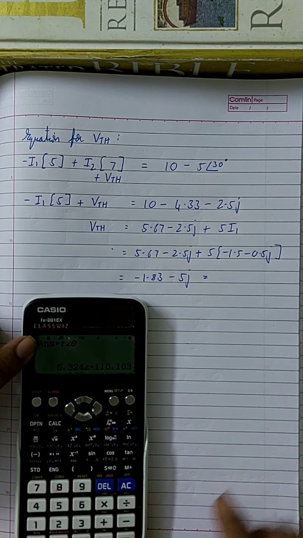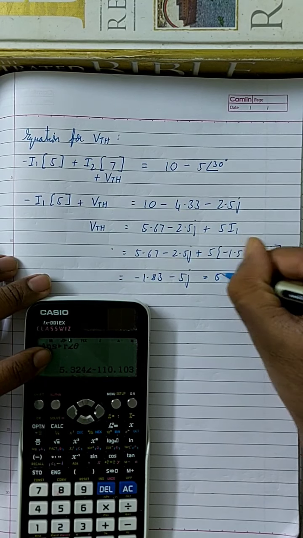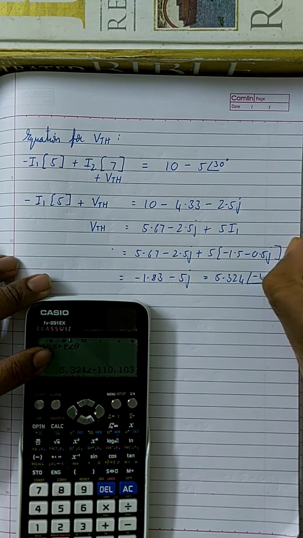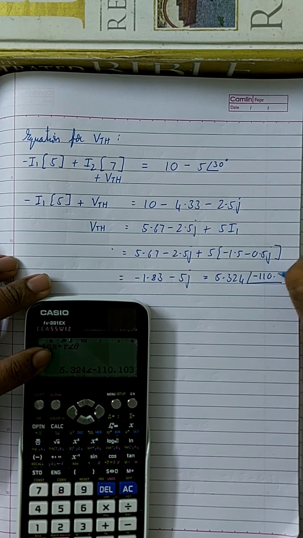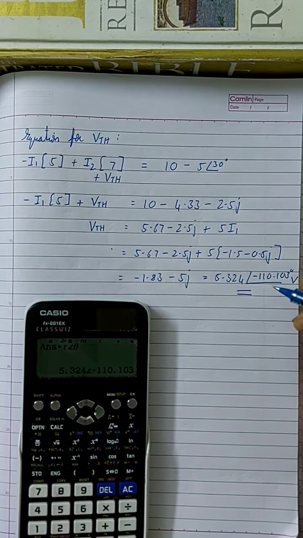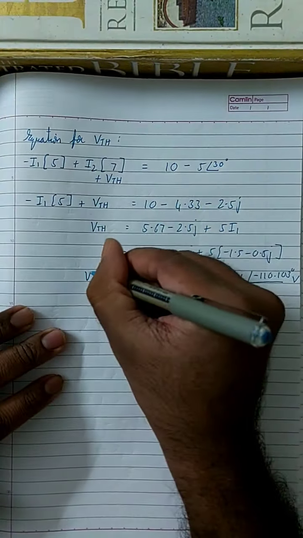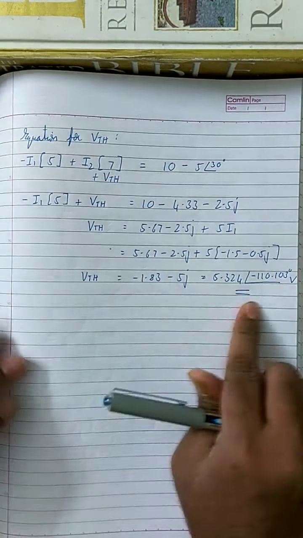It is 5.324 angle minus 110.103 degrees. The answer is correct. That's why I was worried if the answer is correct or not. So this answer is correct. This is the equation for VTH. This is the value of VTH.